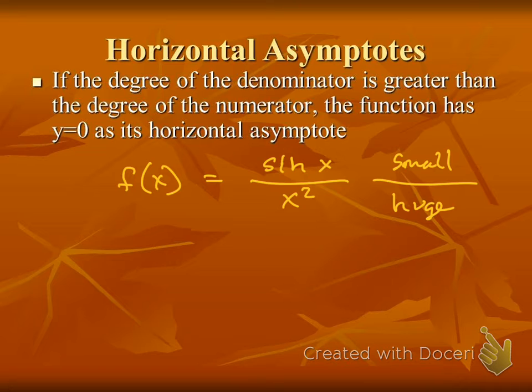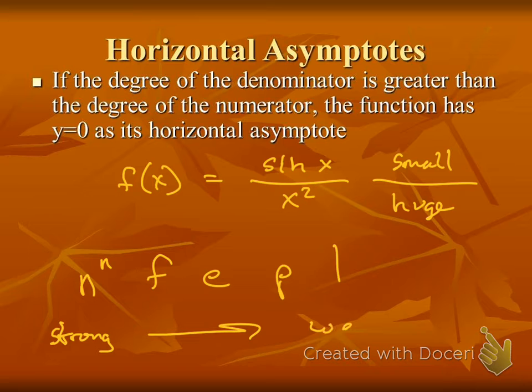And then you'll look at, at some point, a hierarchy of functions. We're off the notes here, but this goes from strong to weak growth-wise. It's the hierarchy of functions. N to the n, or x to the x power, is the fastest growing.